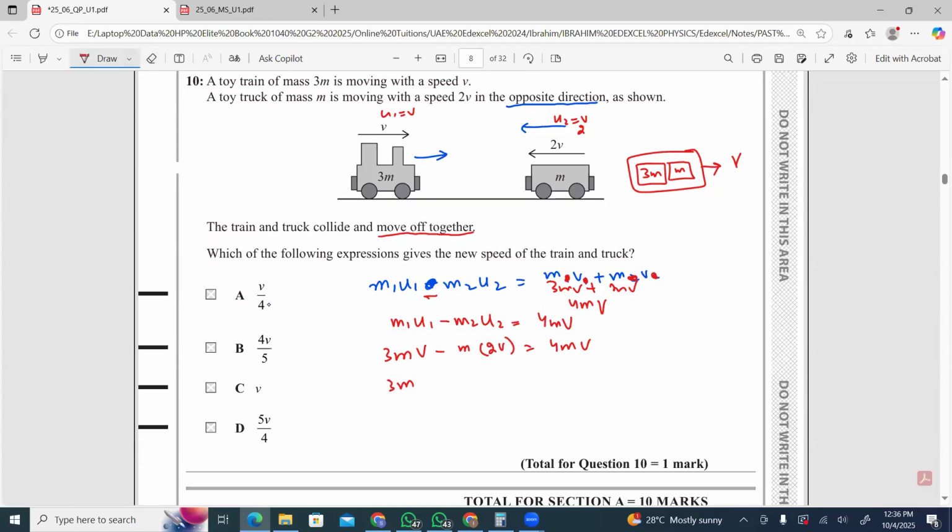So 3mv minus 2mv equals 4mv, and they're asking for the new or final speed. So 3mv minus 2mv is simply mv divided by 4m. The m cancels with m, and this is your new speed. You look for the answer, and the answer is A right away.